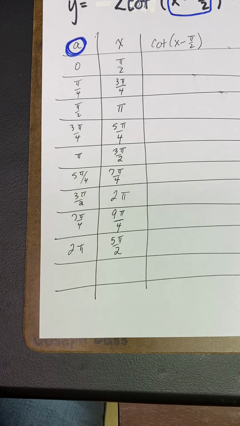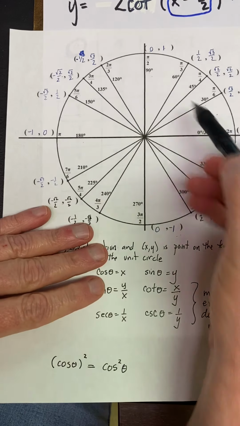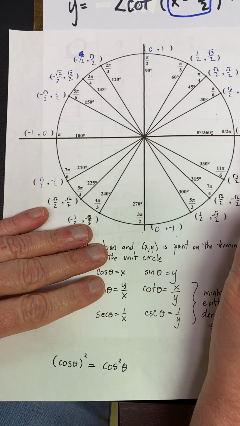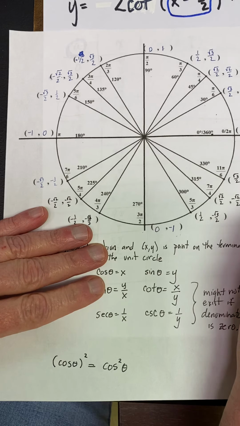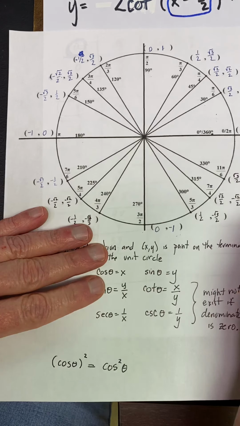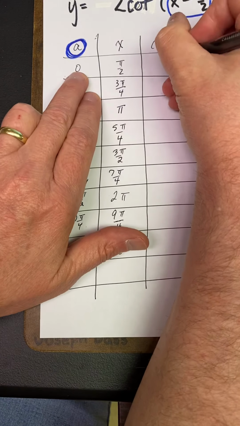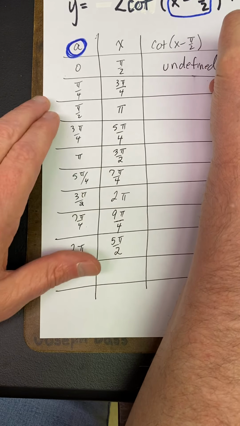Notice that the cotangent is undefined not at the top and the bottom, but at the right or the left, because cotangent is cosine over sine, and the sine is 0. So at 0, the cotangent is undefined.